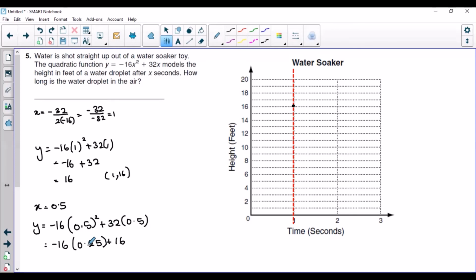Now 16 multiplied by 0.25 is 4. So negative 4 plus 16 is equal to 12, which means 0.5 and 12. So 0.5 is exactly between 0 and 1, so 0.5 and 12, that's this point. So reflect it along the axis of symmetry, that would be somewhere here.